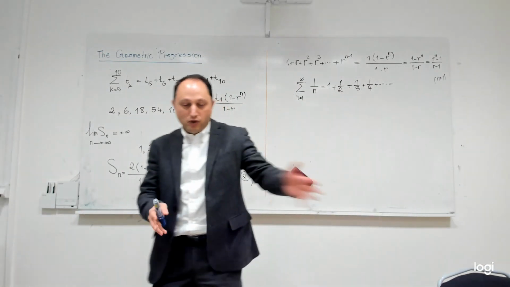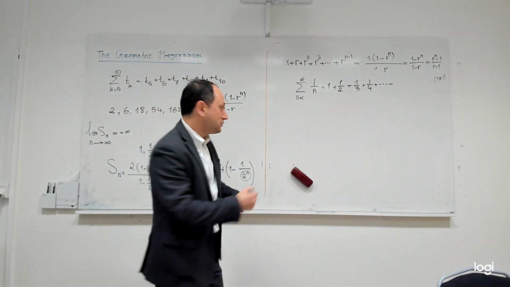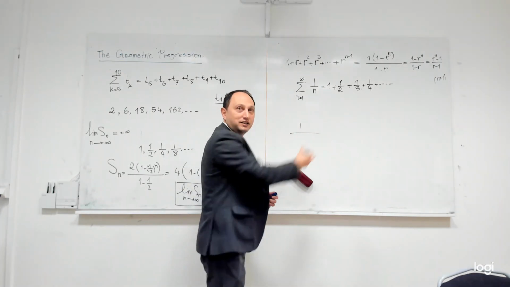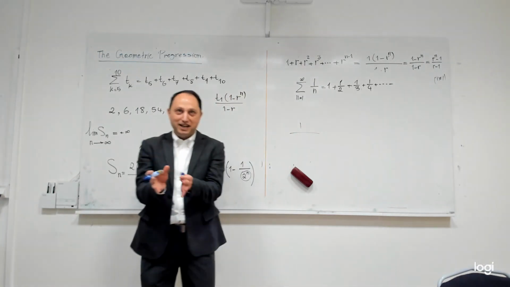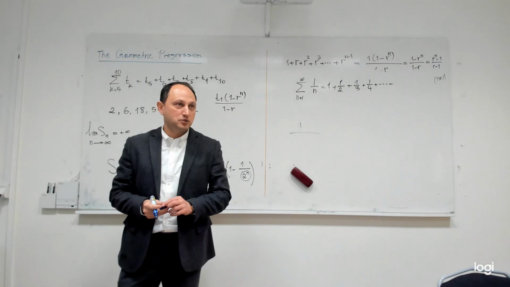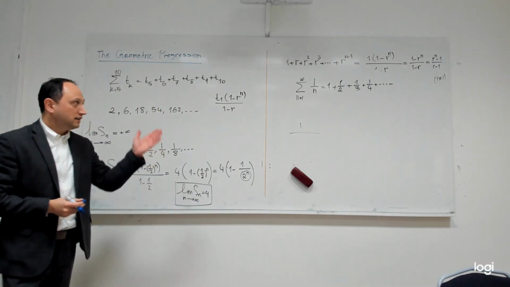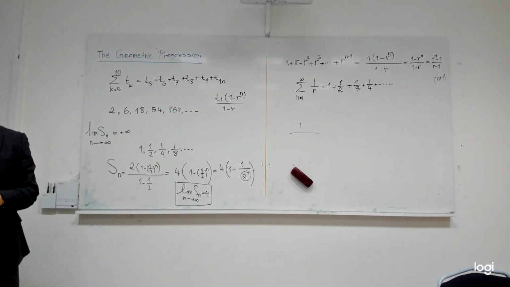And after 100 million, the next one is 1 over 100 million, which is very negligible. I am just adding those negligible numbers on top of each other, and then I am claiming that eventually it becomes infinity.